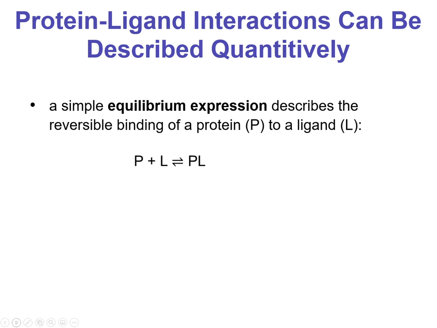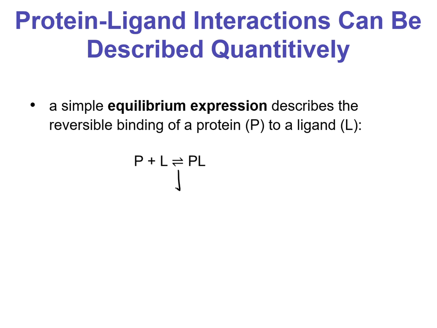Before we go further in talking about things binding and becoming unbound, let's give a little bit of math to this. So we're going to talk about some equilibrium expressions for a second. Let's just use the generic protein and ligand. So protein is the P, ligand is the L. You bring those 2 things together, it's reversible.